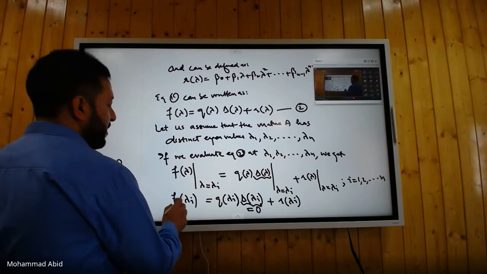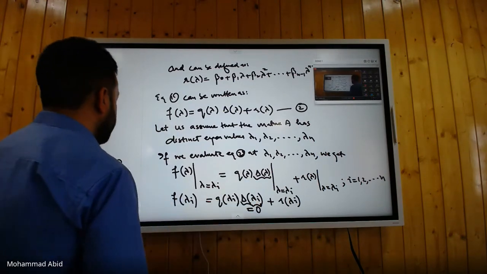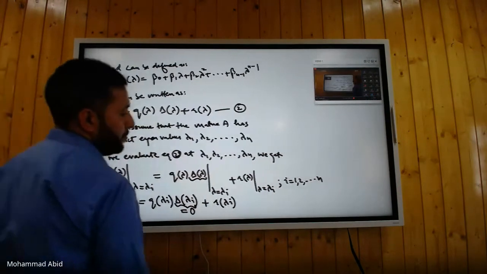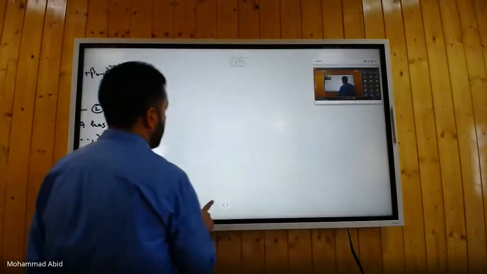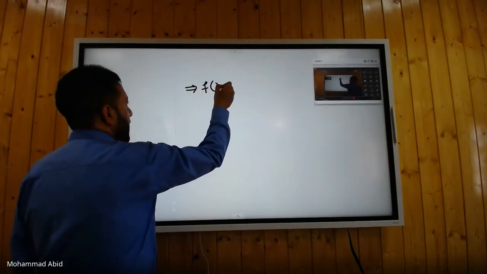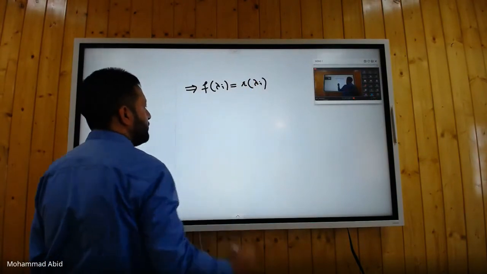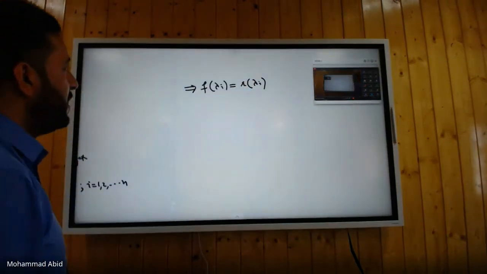This means f lambda i will be equal to r lambda i, isn't it? Which implies f lambda i equals r lambda i. Is that okay?